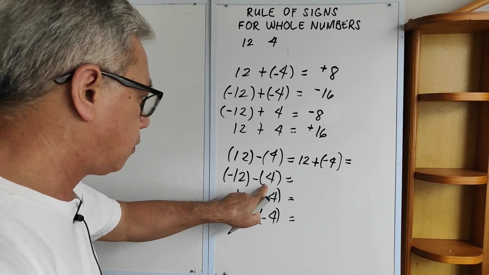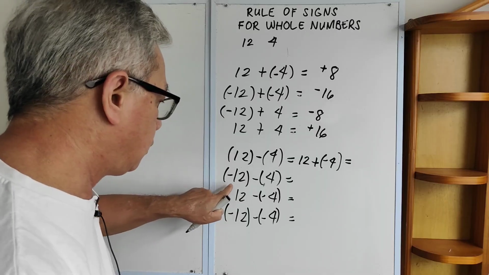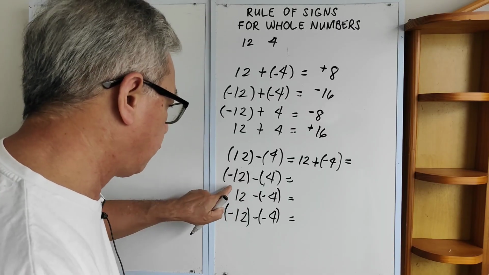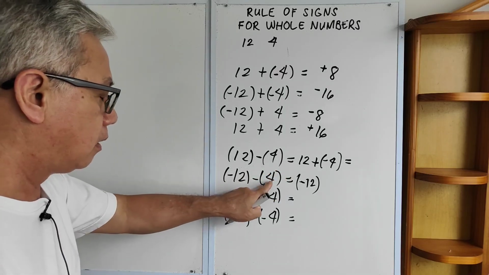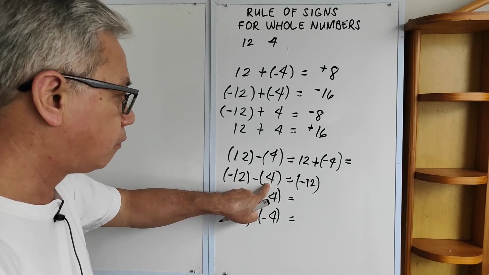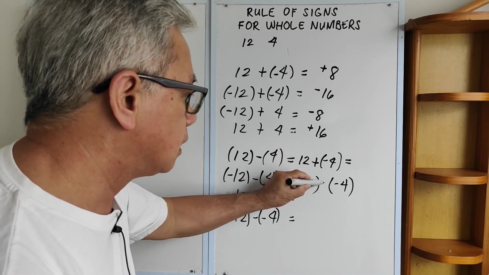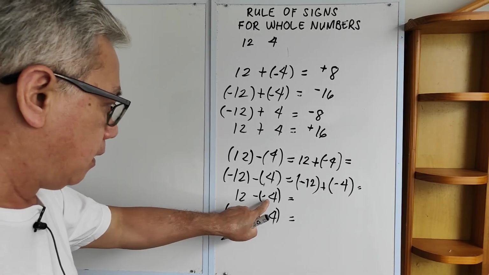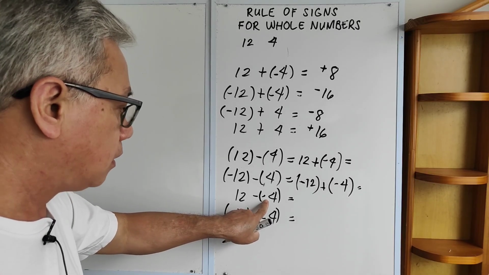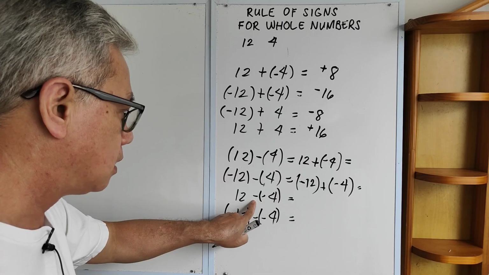So this positive 4 becomes negative 4, and then we change it into addition. You just copy the first term, negative 12, and then positive 4 becomes negative 4, and then we proceed as addition. In here, the subtrahend is negative, this becomes positive, and then we proceed as addition.